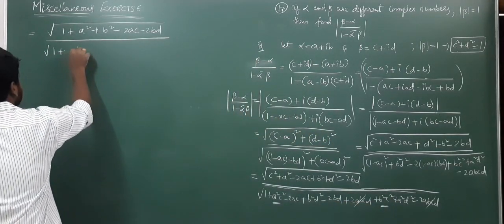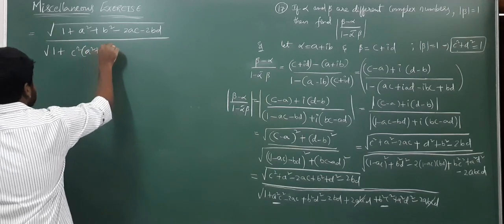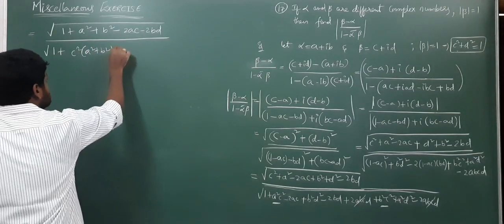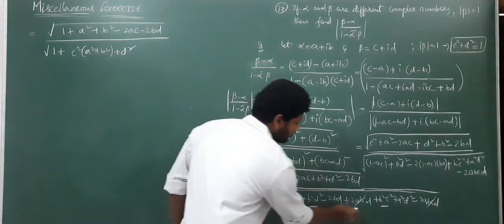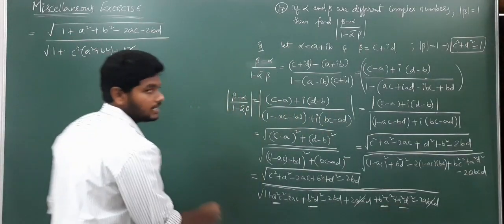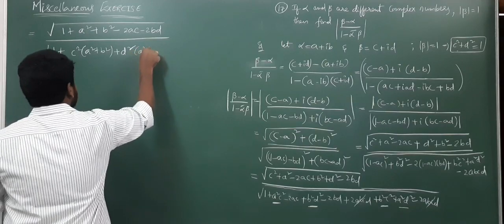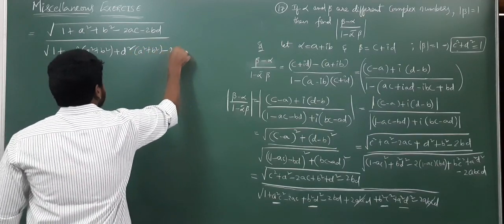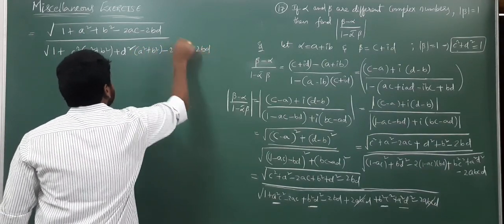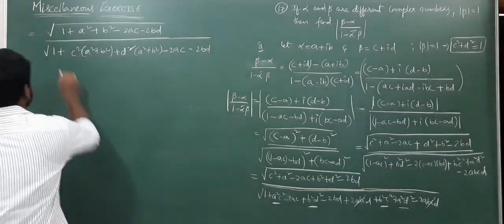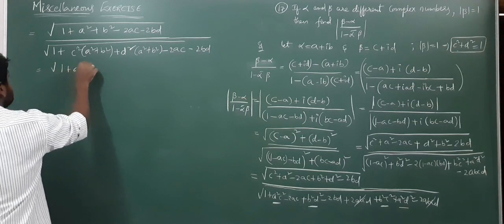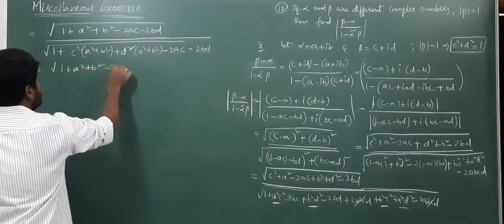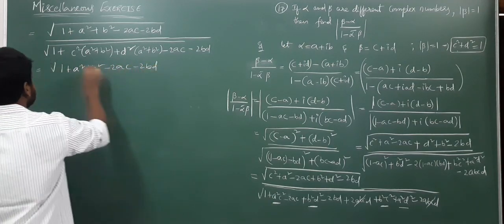We'll get a square plus b square, plus again d square if we take common from these two, we'll again get a square plus b square, and again minus 2ac minus 2bd according to that. So which is equal to square root of 1 plus a square plus b square minus 2ac minus 2bd.